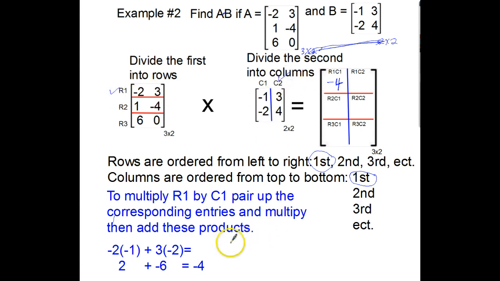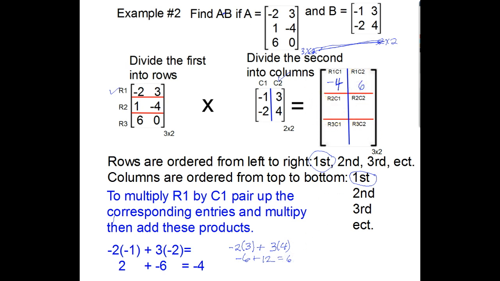I'm going to do that down here. So the first in row 1 is negative 2 times the first in column 2, which is 3. And add to that, and it's always add, the second in row 1, which is 3, times the second in column 2, which is 4. And we get negative 6 plus 12 equals 6. 6 is what goes here.